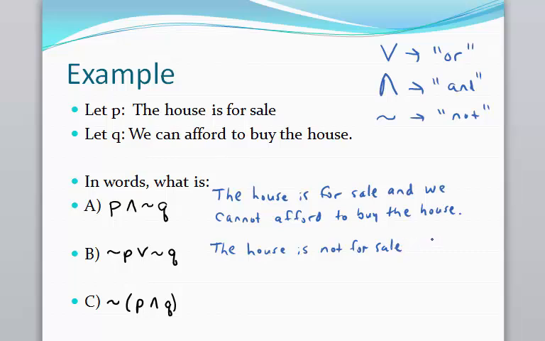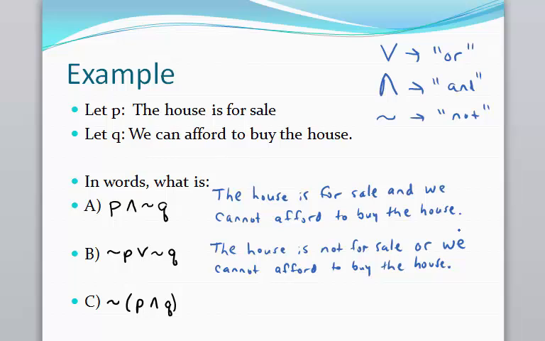We have the symbol for OR, and then we need the negation of Q. And again, Q is that we can afford to buy the house. The negation would be that we cannot afford to buy the house. And so the answer to part B would be the house is not for sale or we cannot afford to buy the house.